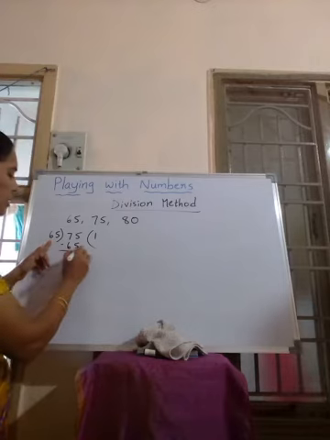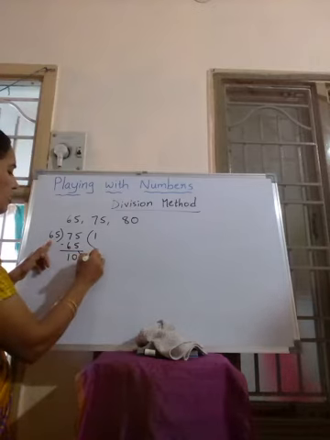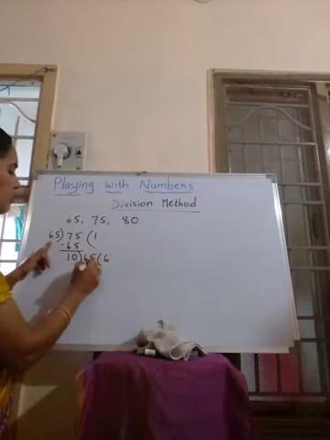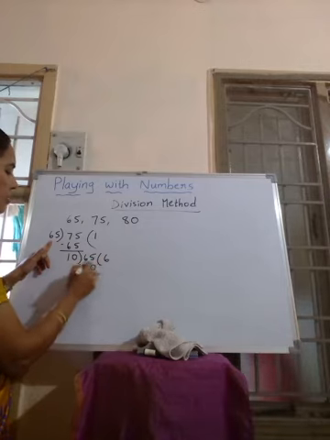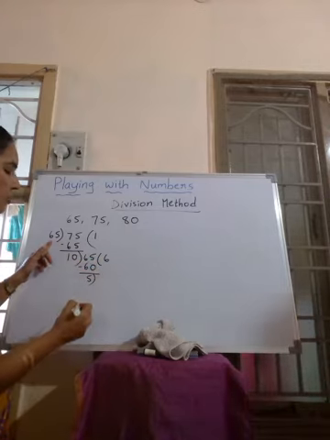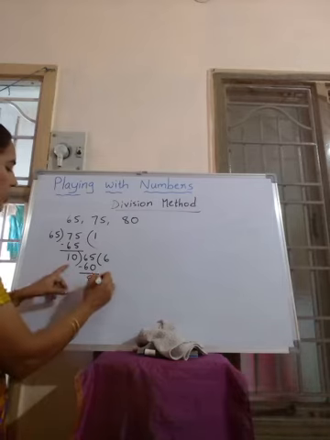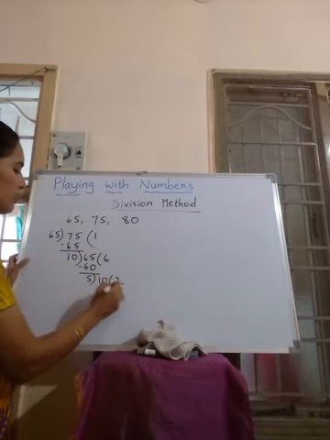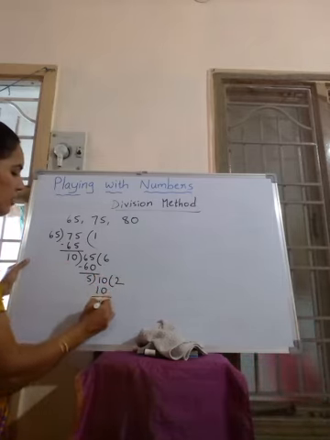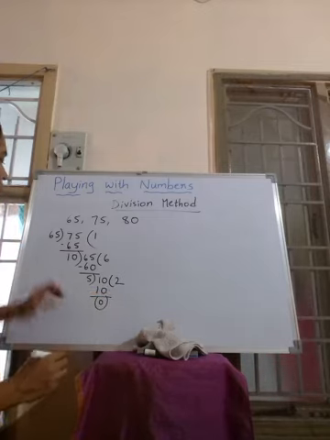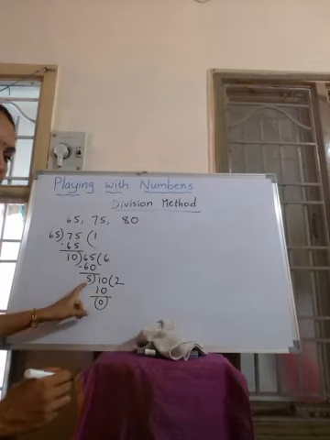Continuing division by taking this 10 as the divisor, 10 sixes are 60. The difference is 5. Continuing division by taking this 5 as the divisor, 5 twos are 10, leaving remainder 0. Therefore, the HCF of 65 and 75 is 5.